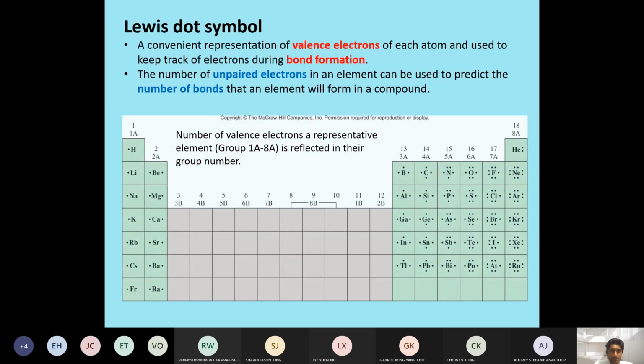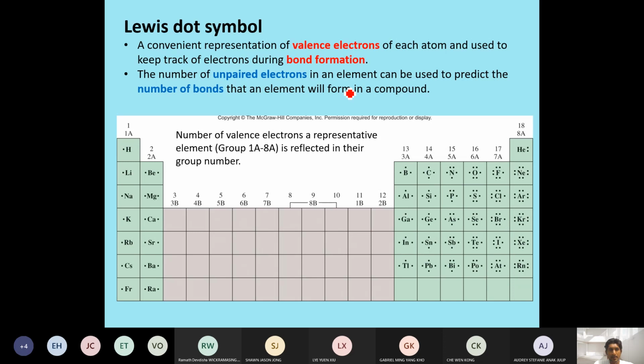Now, Lewis dot symbol. As we mentioned previously when we saw the Lewis structure, for the Lewis dot symbol, only the valence electrons will be shown around the element.